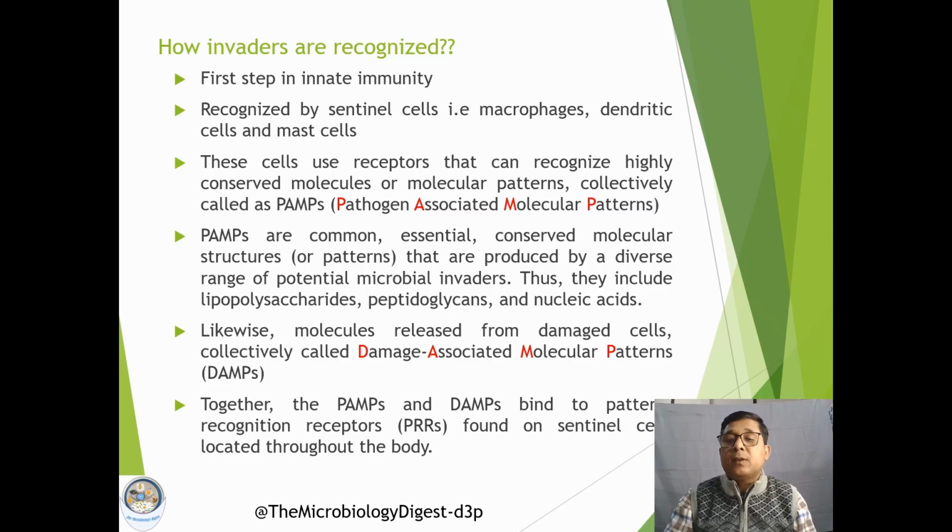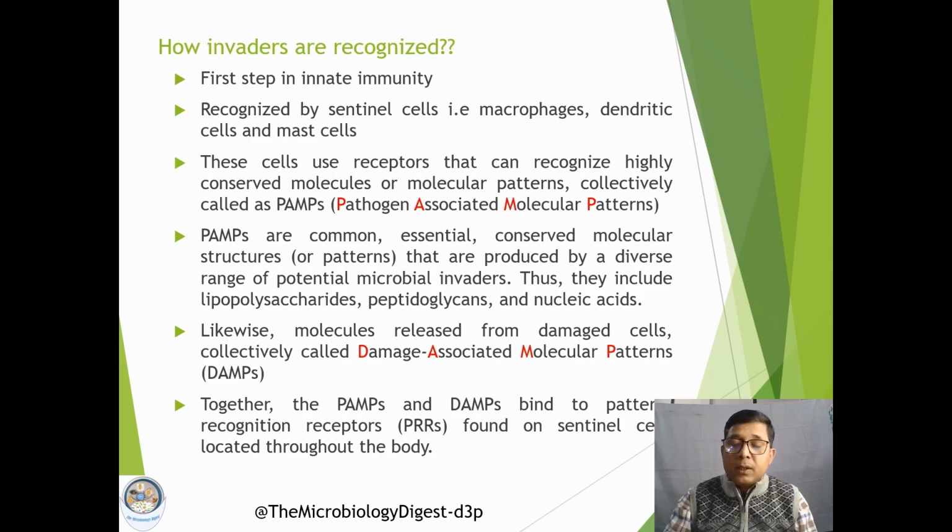Only after identifying these microorganisms will the body respond to them and try to eliminate them. Now, this recognition step, this identification step, is the first step in the innate immunity. First, when innate immune response is mounted, the body has to identify the invader.